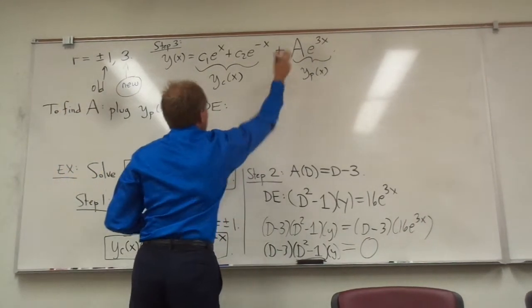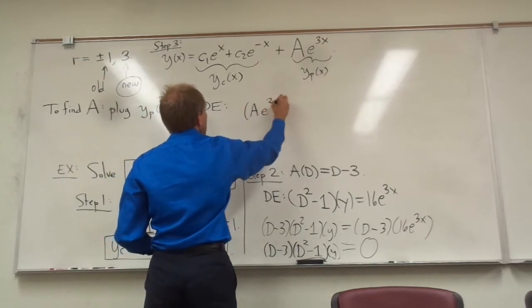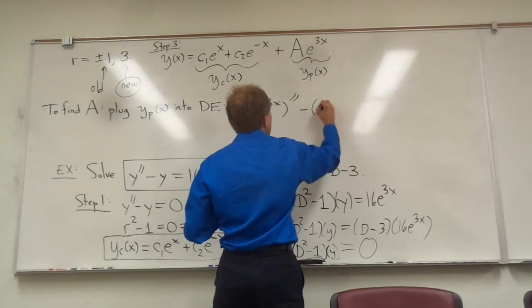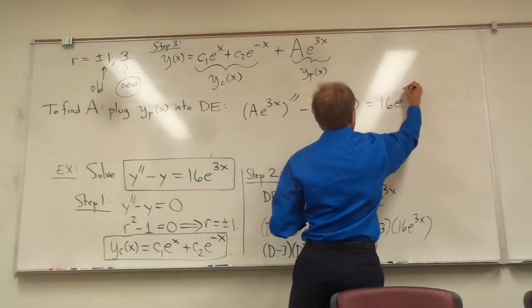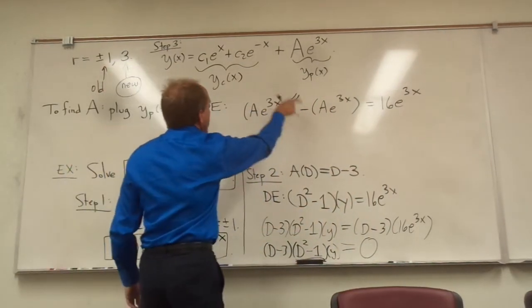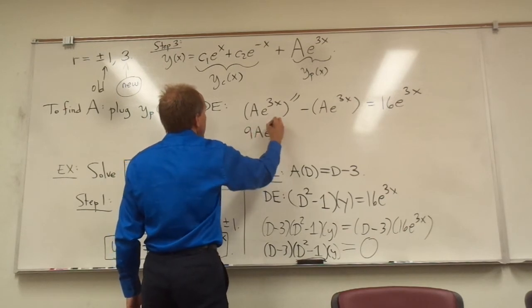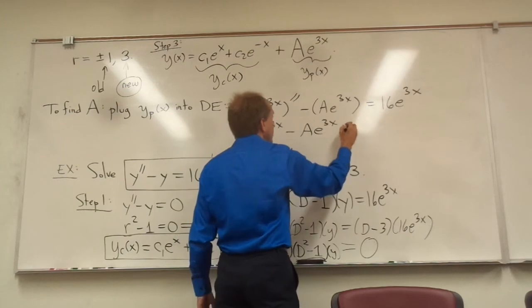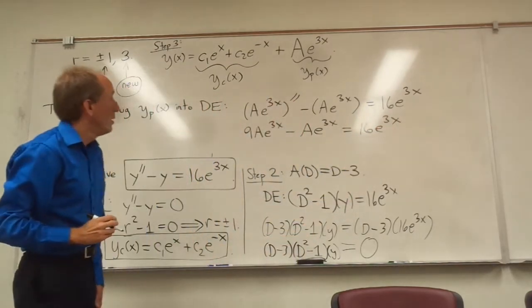I'm going to take two derivatives of that. So we're going to have A e to the 3x double prime, minus A e to the 3x, equals 16 e to the 3x. If we take two derivatives here, we're going to get 9A e to the 3x minus A e to the 3x equals 16 e to the 3x.